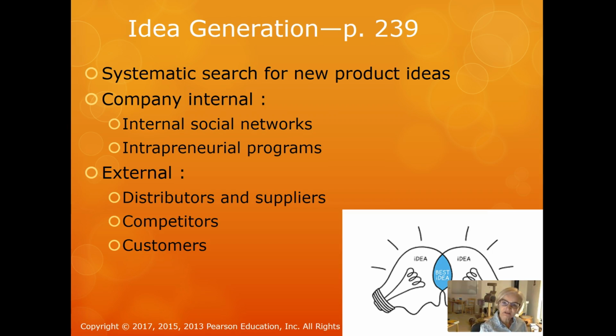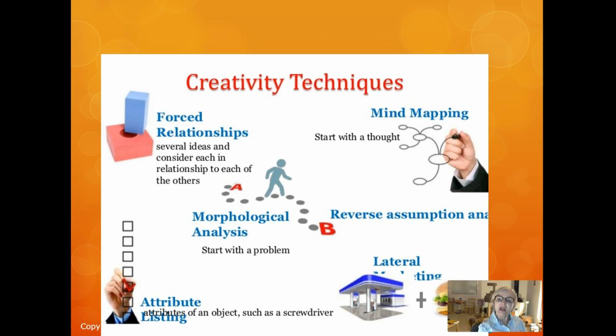But there are others. One that is getting more and more used now is the external one, where we are basically asking our customers, so what else would you like? Give us some new ideas, whether this is Oreo requesting new flavor ideas, whether it's Ben & Jerry's, they're open to new product ideas. It's everywhere.